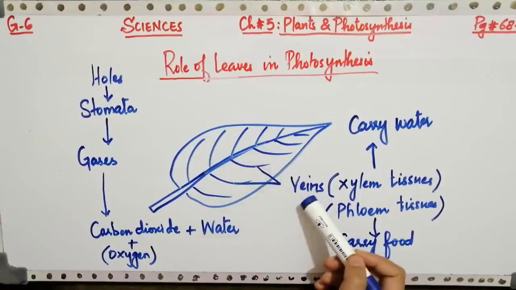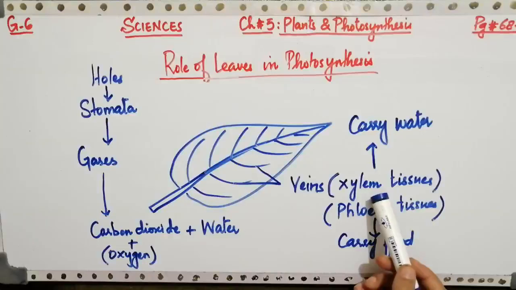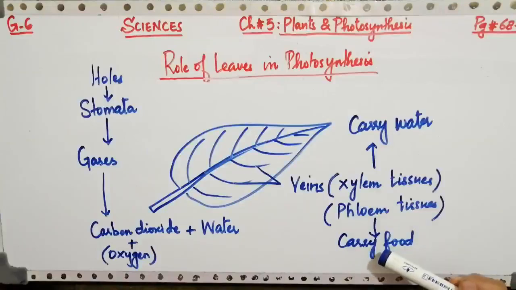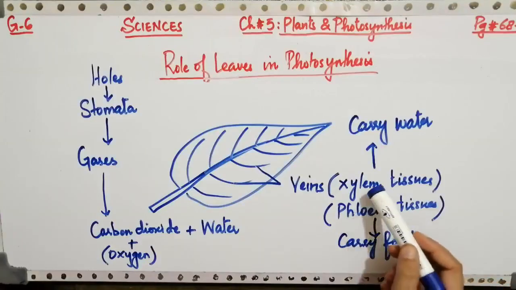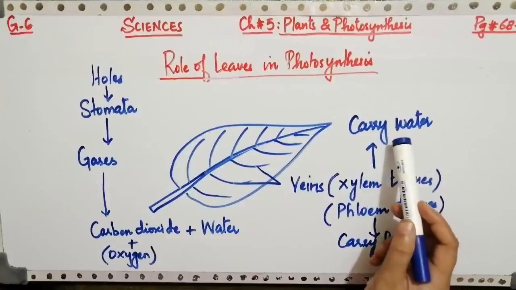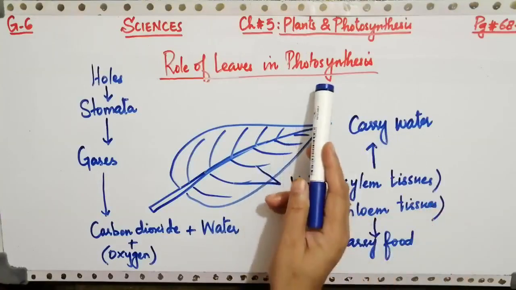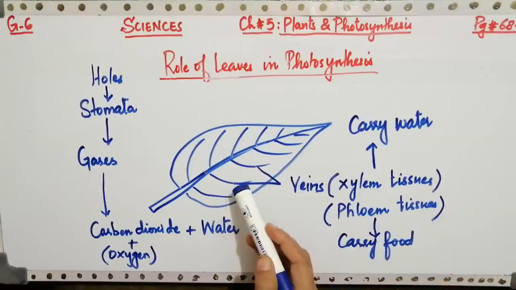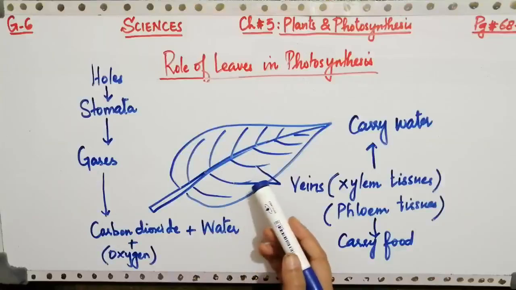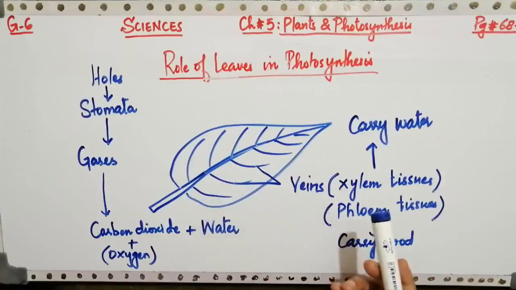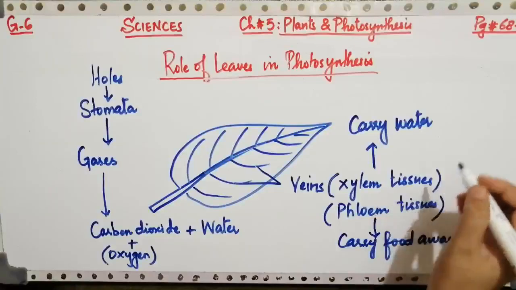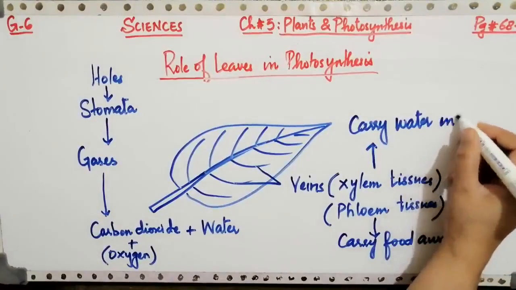These veins contain two types of tubes in them, xylem and phloem, which perform their respective functions. Xylem tubes bring the water for photosynthesis into the leaves, while phloem tissues carry the maximum amount of food away from the leaves to various parts of the plant.